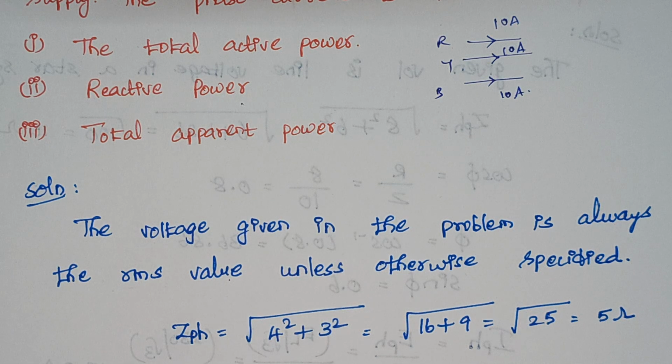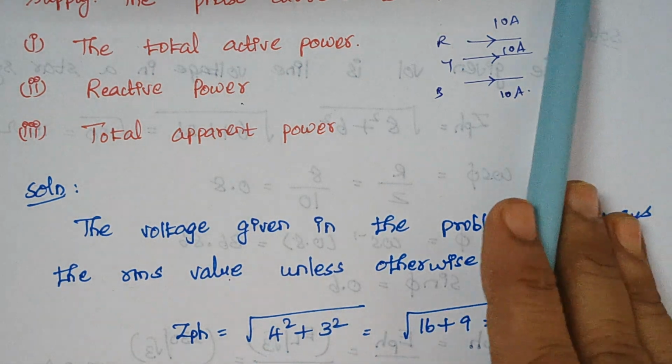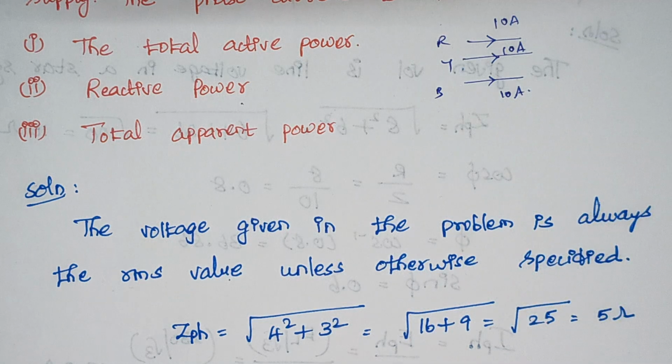The value of Z per phase is given, so Z phase is the square root of 4 squared plus 3 squared, which is equal to 5 ohms.